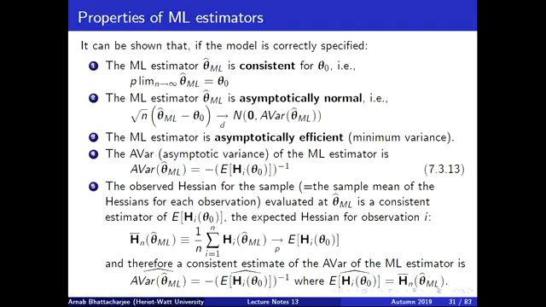It is consistent, it is asymptotically normal. The maximum likelihood estimator is asymptotically efficient. Actually, in many cases, it is going to be efficient even in finite samples. And the asymptotic variance of the maximum likelihood estimator is this guy.